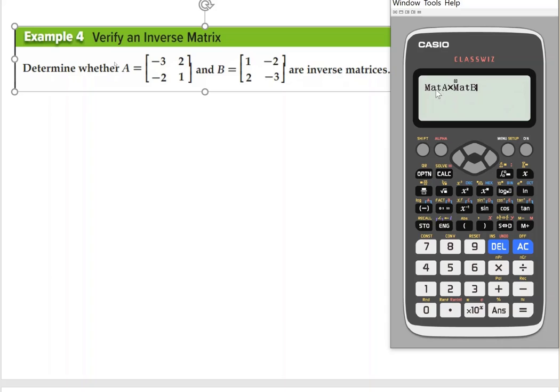So I'm going to do A times B, which is 3 times 4, equals. So you can have a look at our solution. So we have 1, 0, 0, 1, which confirms that this is an inverse of this and vice versa.